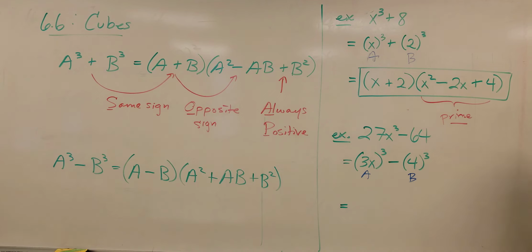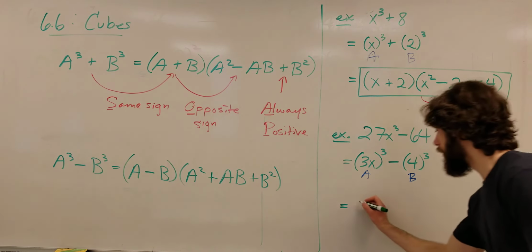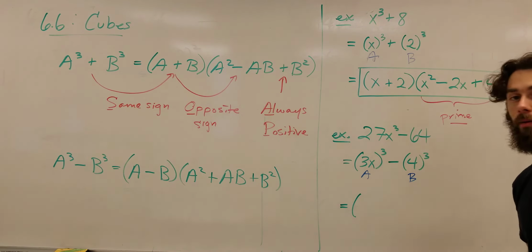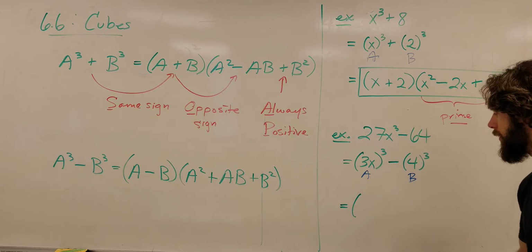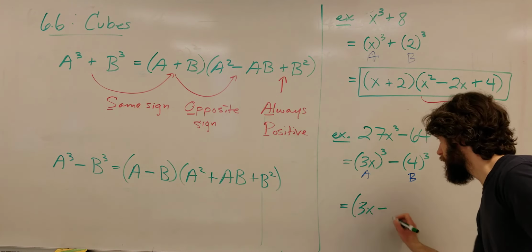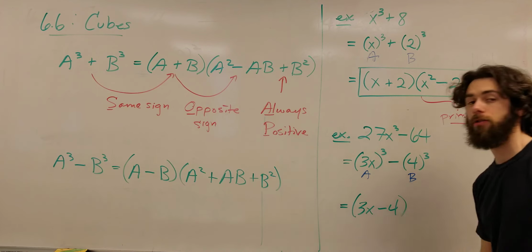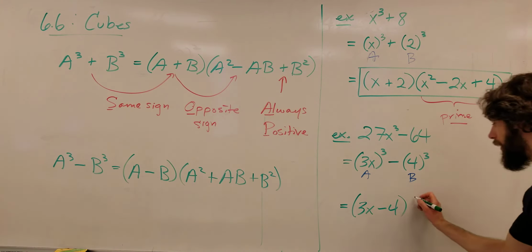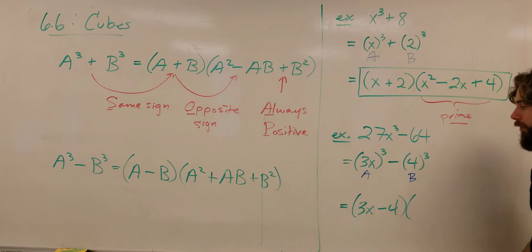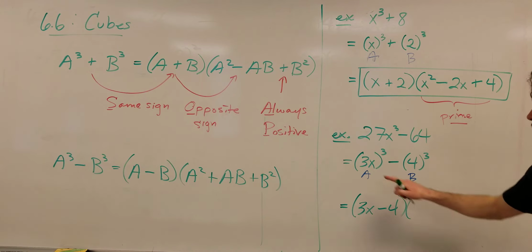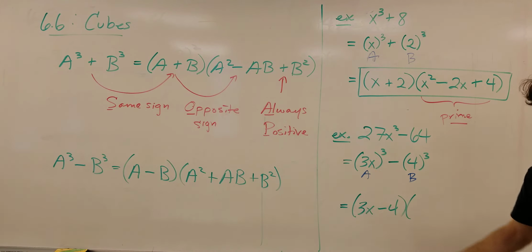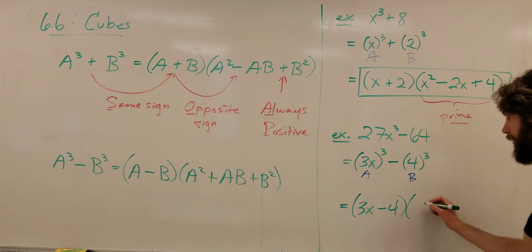Okay, so to write our factorization, we start out a minus b, right? Same sign as minus. So 3x minus 4. And then now we need a squared. So that's 3x squared, 3 squared is 9, x squared is x squared.